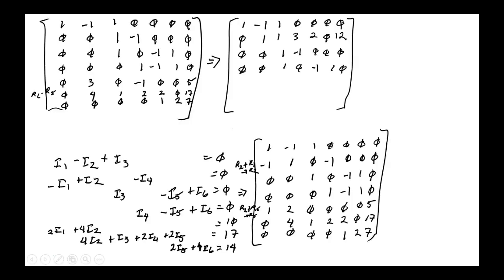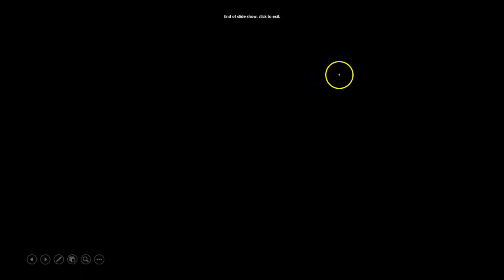I hope I copied it right. I believe so. Then my row 4 becomes row 5. That's 3 zeros, 1, minus 1, 1, and a 0.